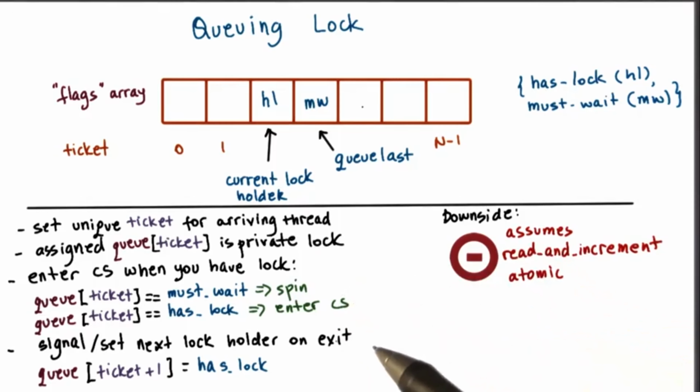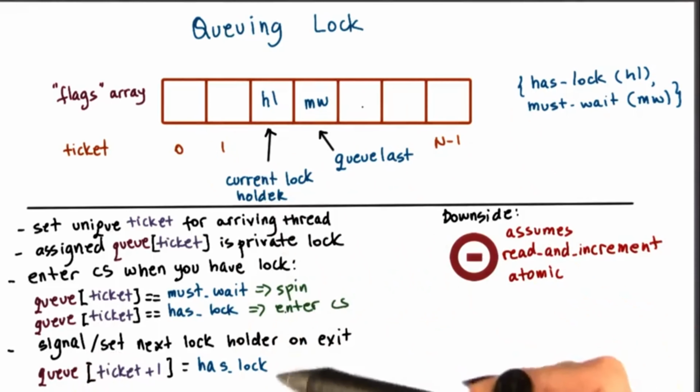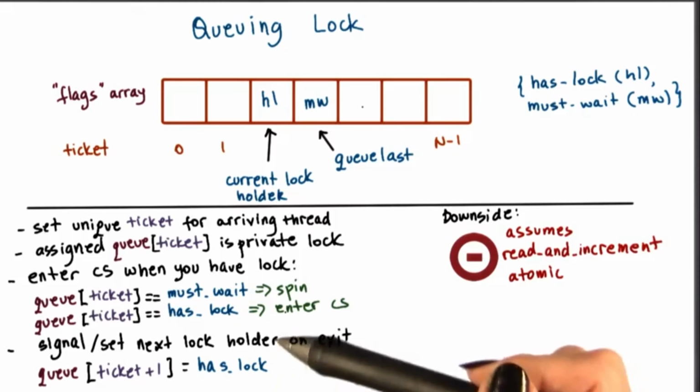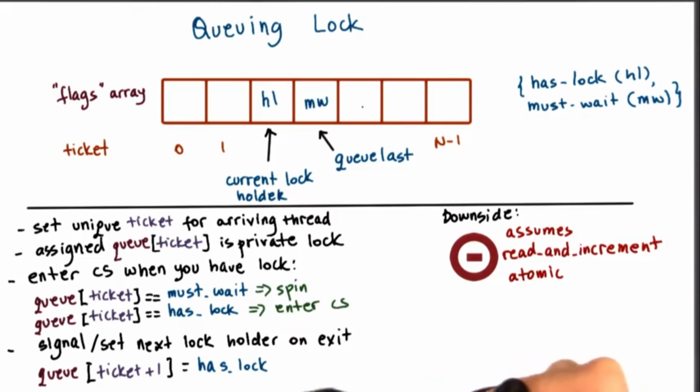When a thread completes the critical section and needs to release the lock, it needs to signal the next thread in this queuing array that it currently has the lock. So these are the steps that control who gets to execute and what needs to happen when a critical section is complete and a lock needs to be released.